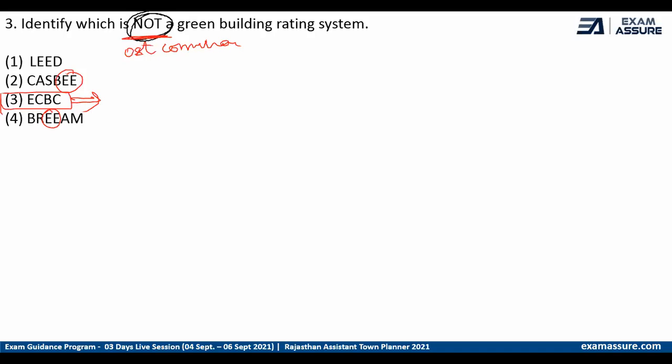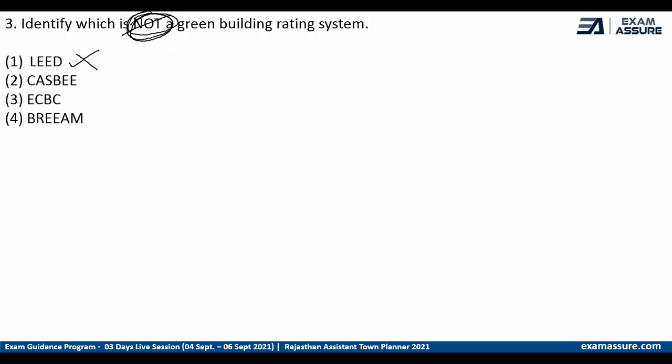This is a code, not a green building rating system. You have to be careful with this NOT, because sometimes you forget about the not and answer with the first option that you see on the paper. That is not to be done. You should be careful with the question, and so of course ECBC is the answer.